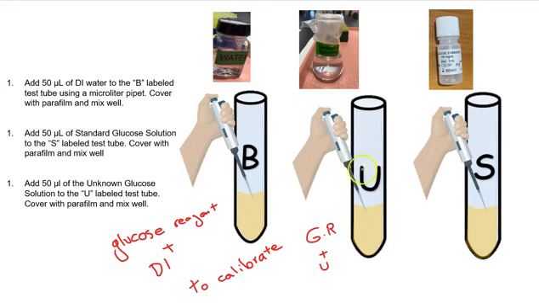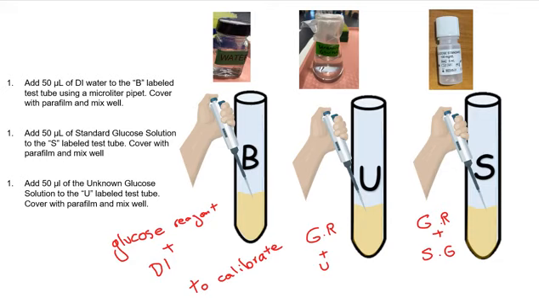And our purpose is to measure the absorbance of this solution by using the spectrophotometer, and finally to calculate the concentration of our unknown solution. And then the last tube, which includes the glucose reagent, and now we are going to add the standard glucose solution.